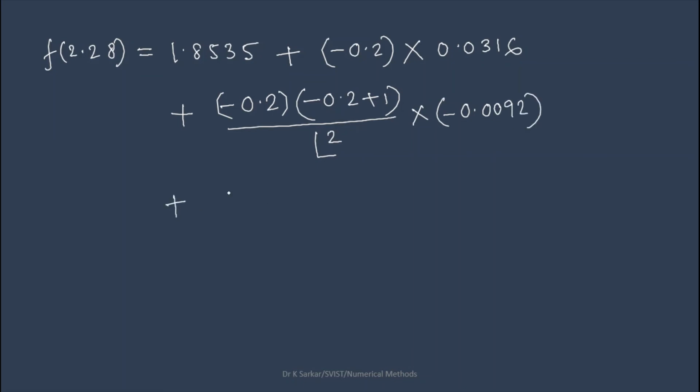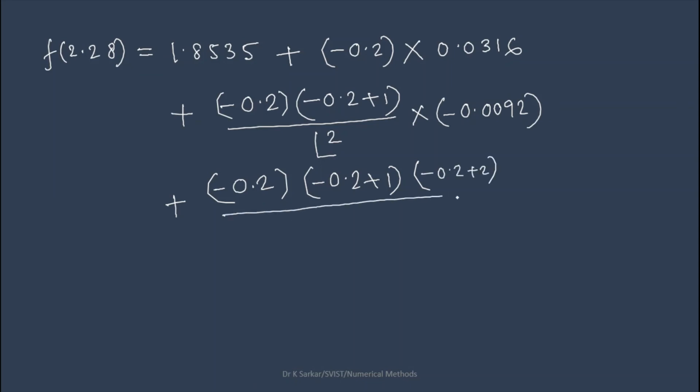Plus p, minus 0.2, into (p plus 1), minus 0.2 plus 1, into (p plus 2), minus 0.2 plus 2, divided by factorial 3 into del 3 yn.